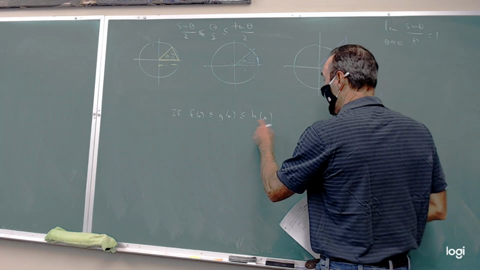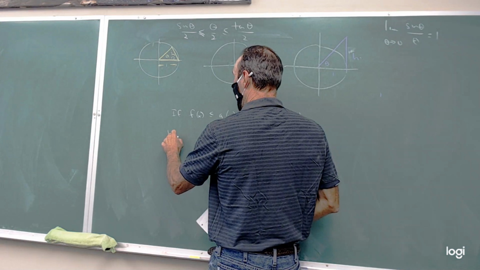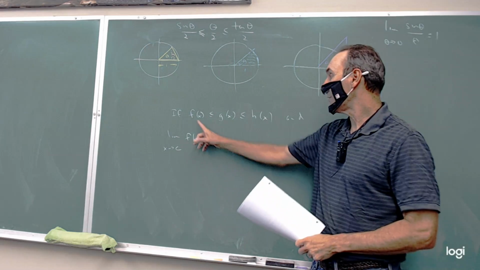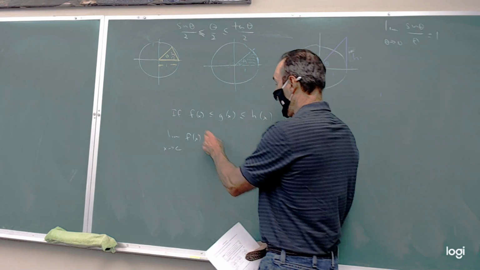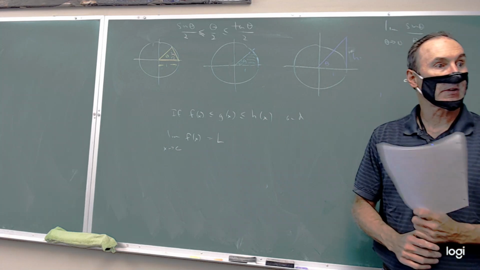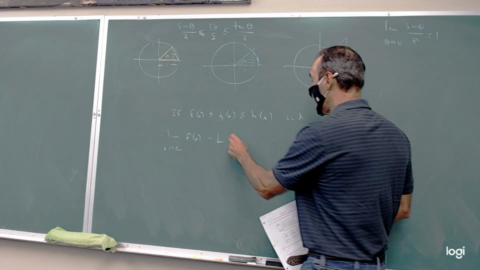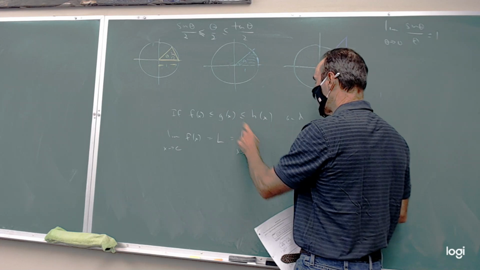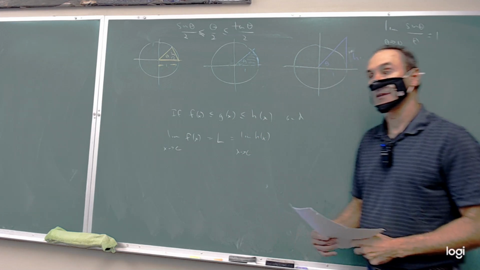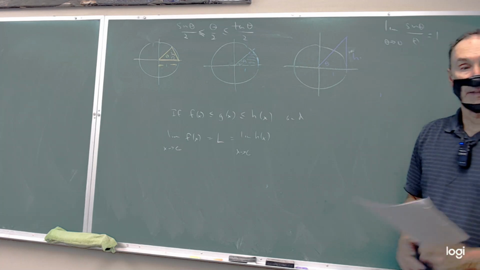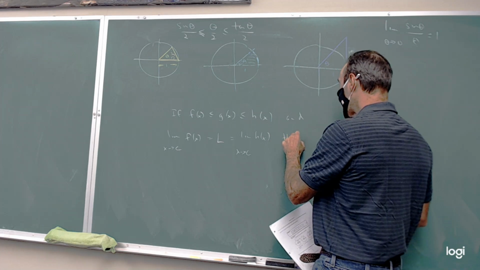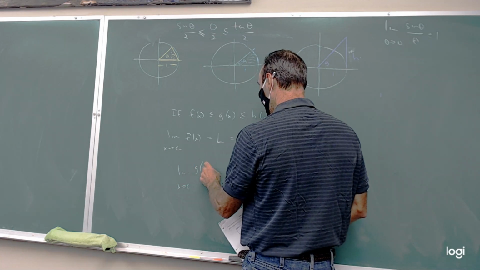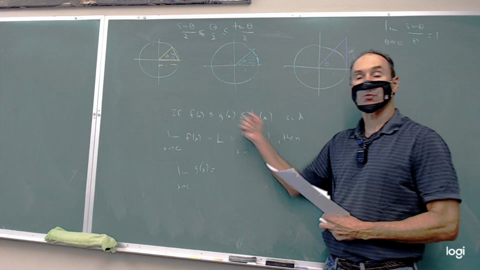We'd like to know what this limit is, but it's tough to get at. But if we also know that the limit as x approaches c of f of x, the function we know is always less than or equal to g of x, has a limit of L, and also the limit as x approaches c of the one that we know is bigger than or equal to g of x also has the same limit, then what the squeeze theorem says is that the limit as x approaches c of g of x will get squeezed in between those two.